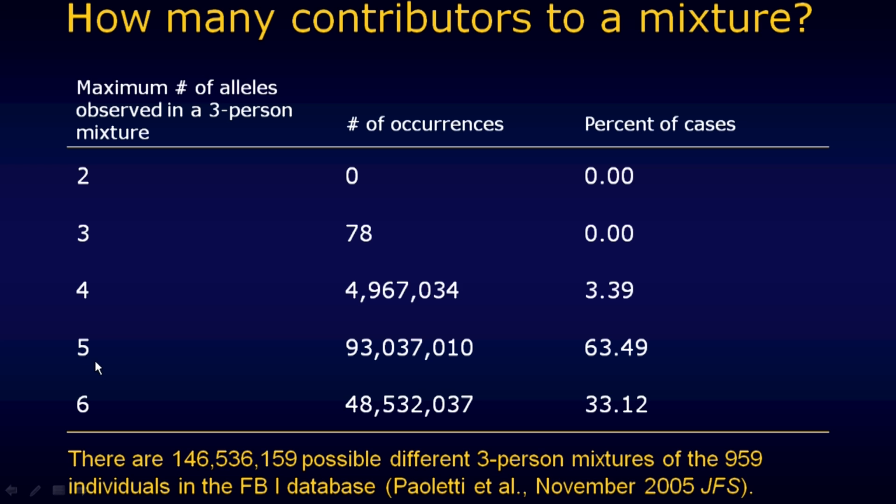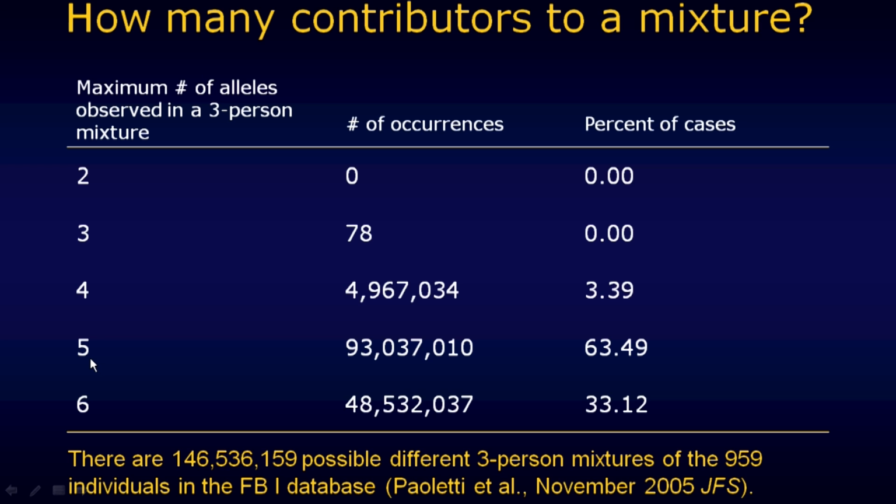Total of 5 different alleles. And we never saw at any of the tested loci more than 5 alleles. 2/3 of these known three-person mixtures fell into that category where the maximum number of alleles seen was 5. But here's where this becomes interesting.